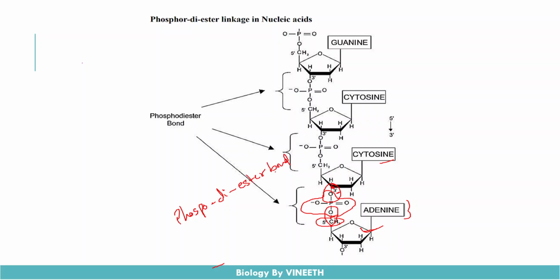Phosphodiester bond. Similarly, the cytosine also contains the phosphate group on the 5th carbon, and the same phosphate group now gets bonded to the hydroxyl group of the 3rd carbon of the above cytosine molecule. This cytosine also contains the sugar molecule, and this phosphate molecule will get bonded to the hydroxyl group of the 3rd carbon.